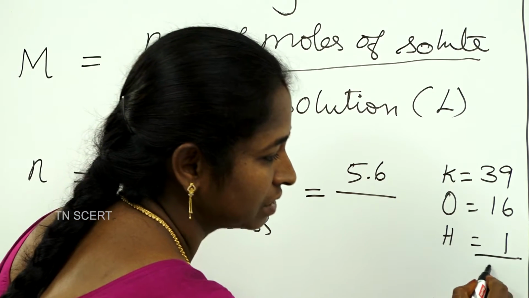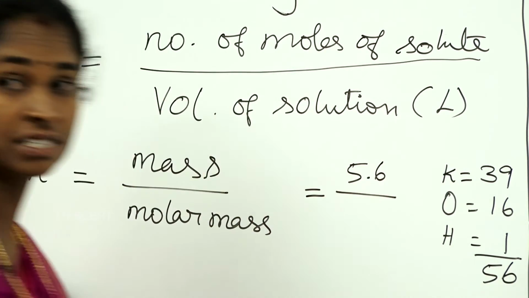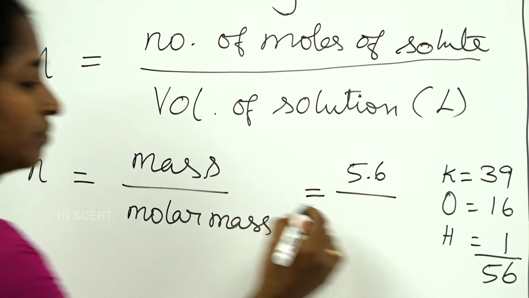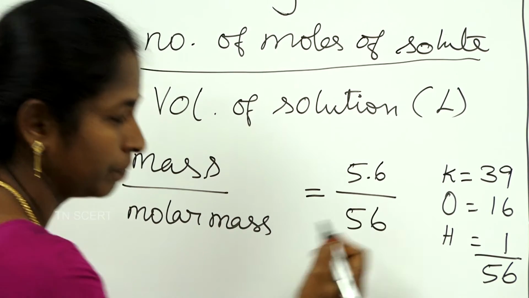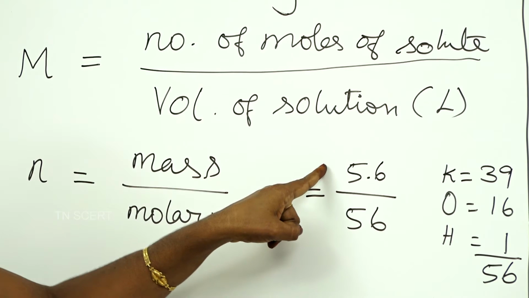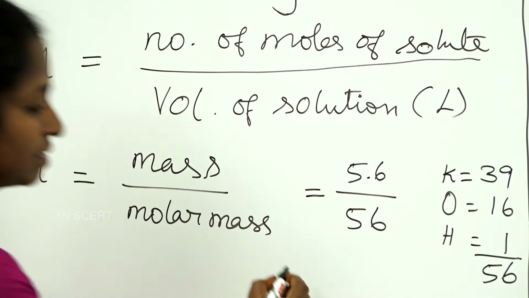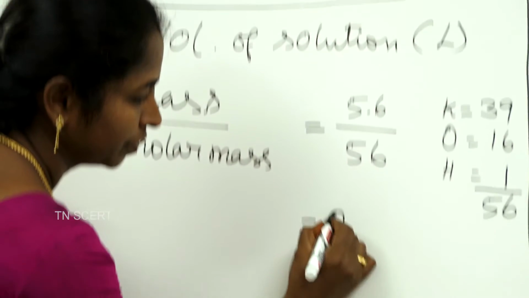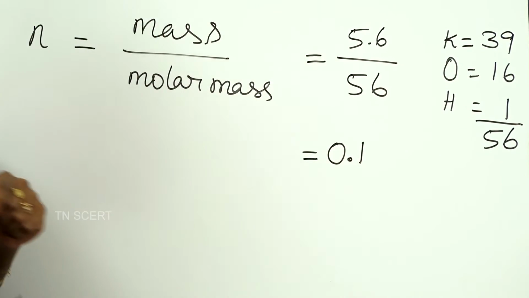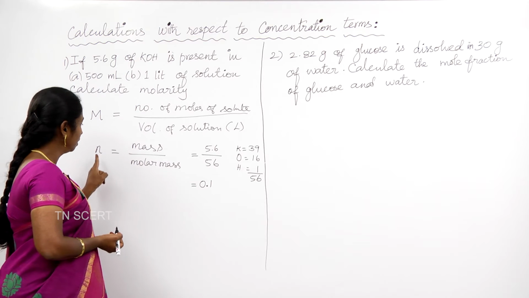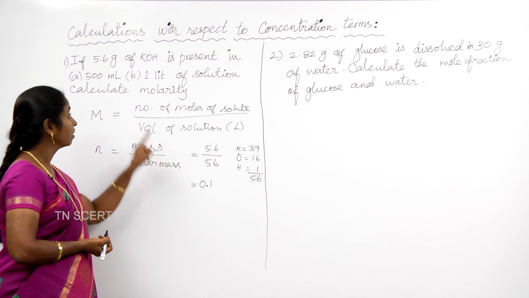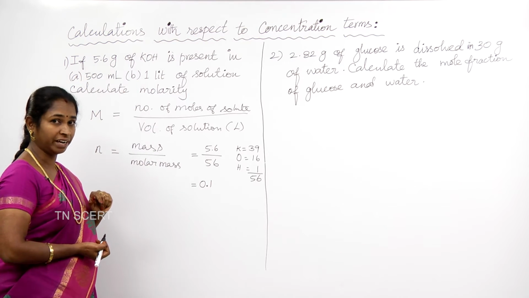So, the total is 56. So, molar mass is 56. If you divide 5.6 by 56, what will be the answer? Yes, it is equal to 0.1. This is the number of moles of 5.6 gram of potassium hydroxide.